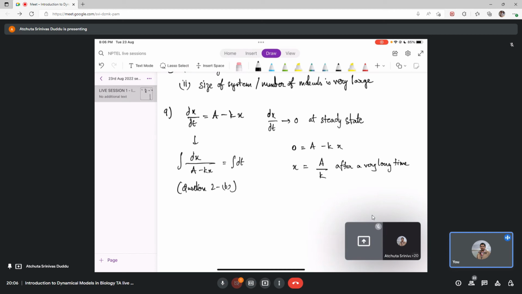So here after a very long time, dx by dt would become zero. That is, there's no variation in the drug after a very long time, and at that time we find the concentration of drug to be a by k. Right? Is there any doubt in this question or any clarification you would need?